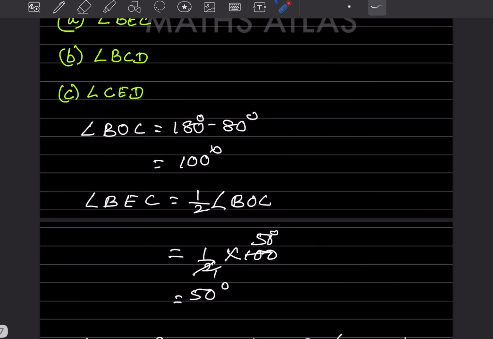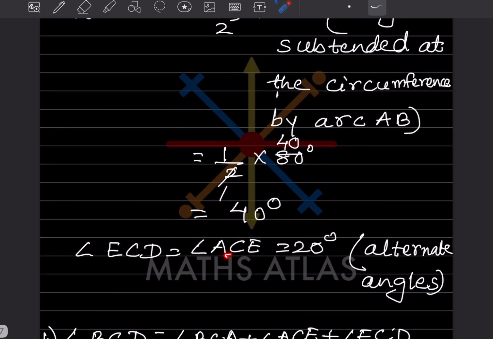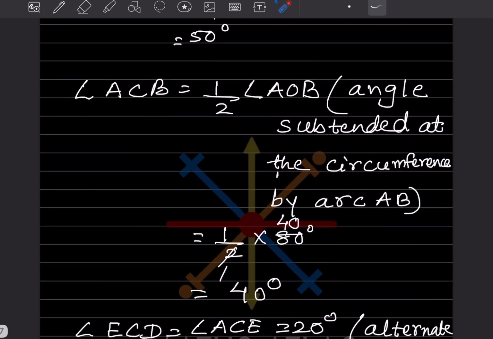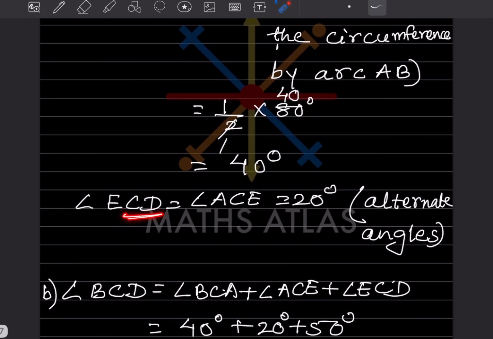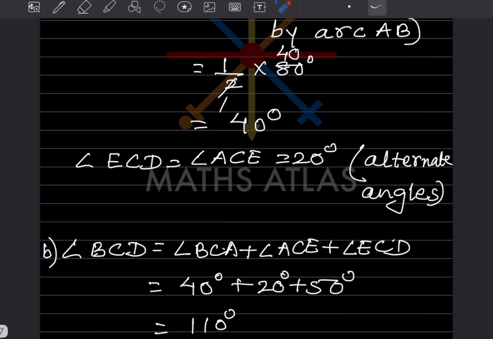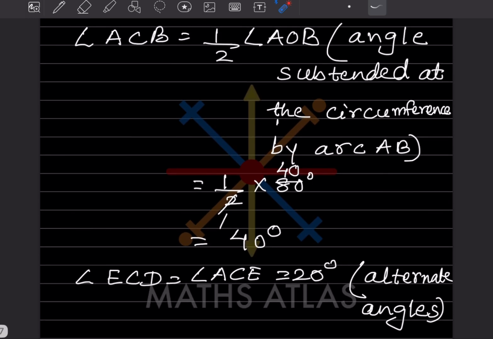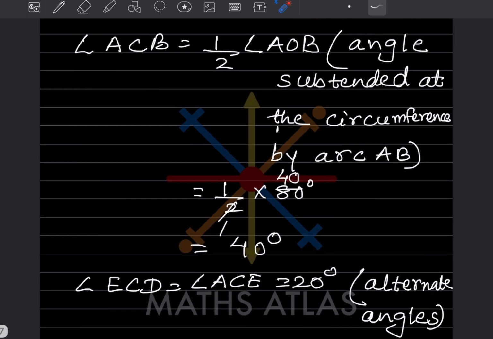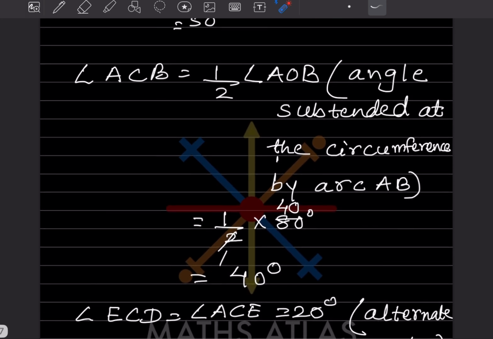So ECD, angle ACE is 20 degree, why, that are the alternate angles. So BCD will be, why did we do this too? So we have to take ACE, we want this ECD also. So that is BCA, that is 40 degree, and here you can write instead of ACB, that is BCA.